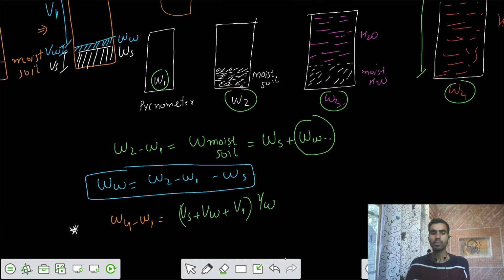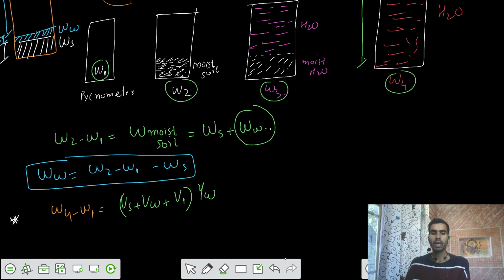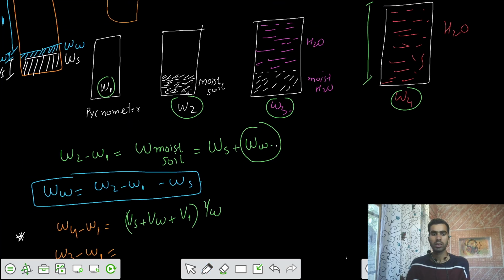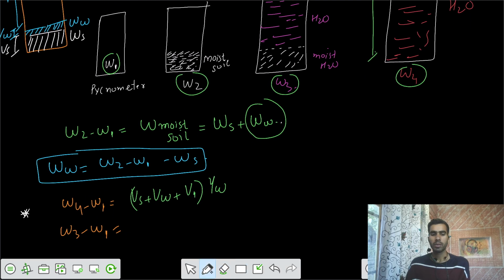Gamma times volume. I need to equate it with W3 minus W1. What is the value of W3 minus W1? By subtracting W1, the weight of the pycnometer gets cancelled.